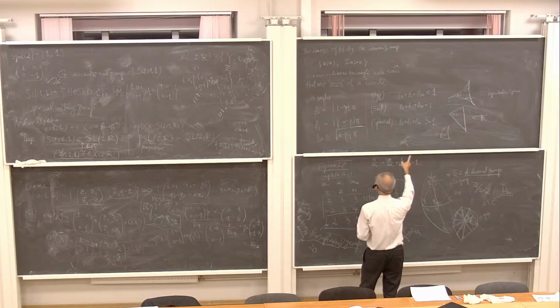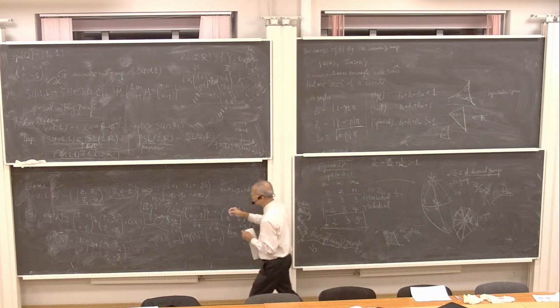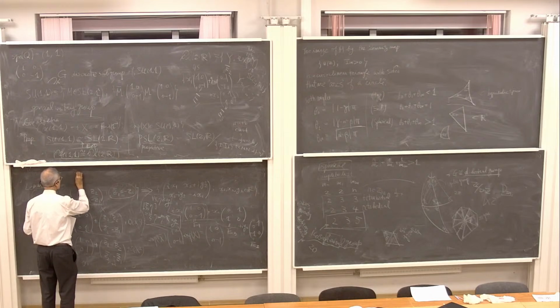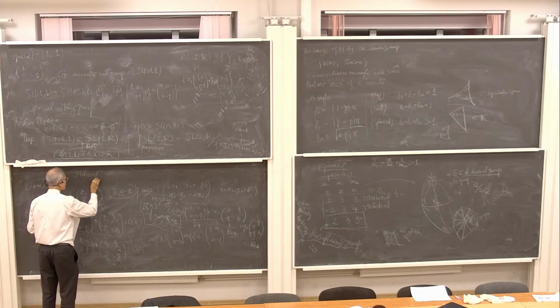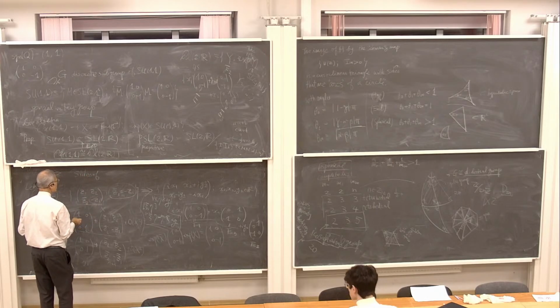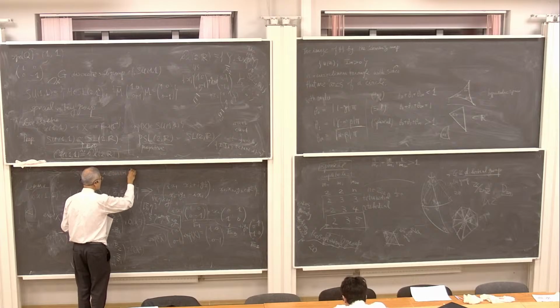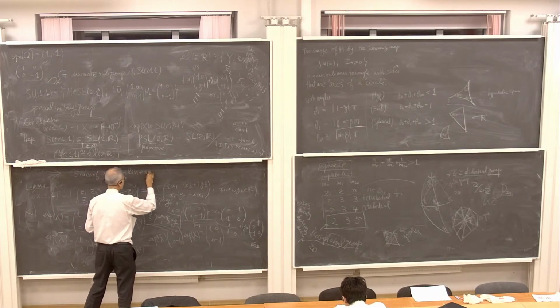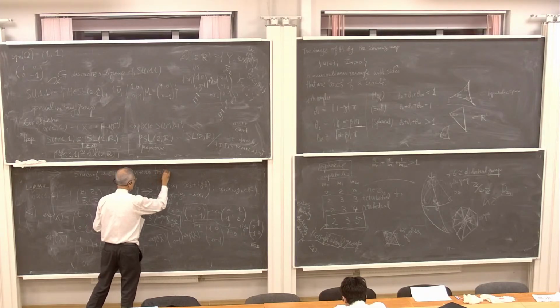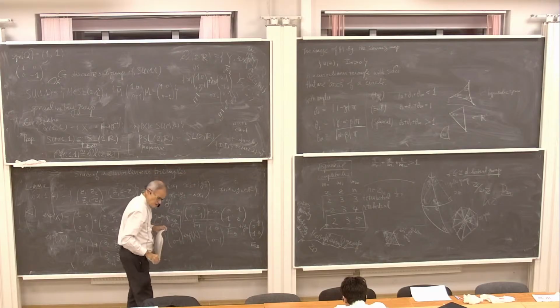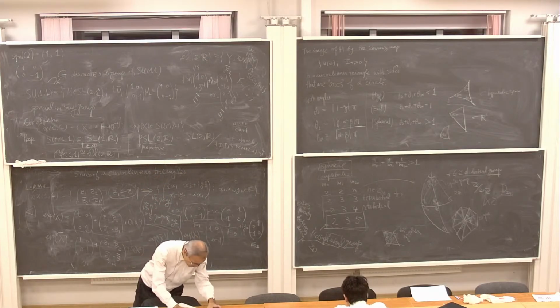To show that the arcs, the sides of a curvilinear triangle, are geodesics.